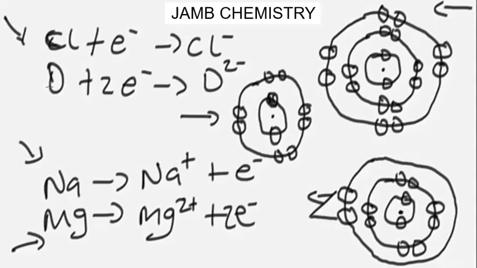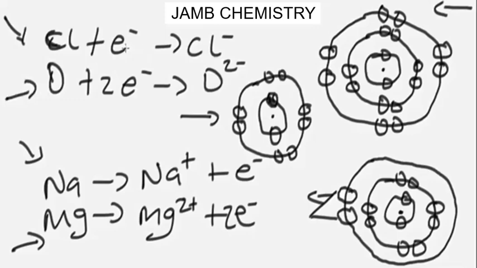Group 6 elements include oxygen. We also have sulfur. Sulfur is in group 6, so they will gain 2 electrons to attain the stability of noble gases. So they normally form a double negative charge. That's a 2- charge, just like this oxide ion we have here.